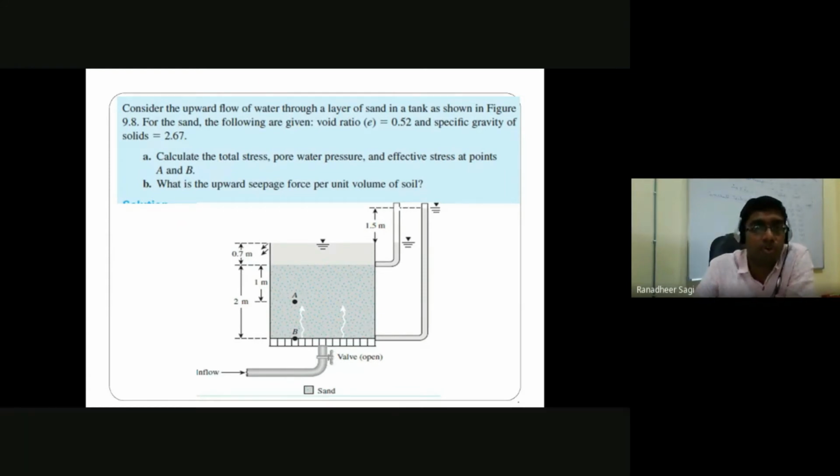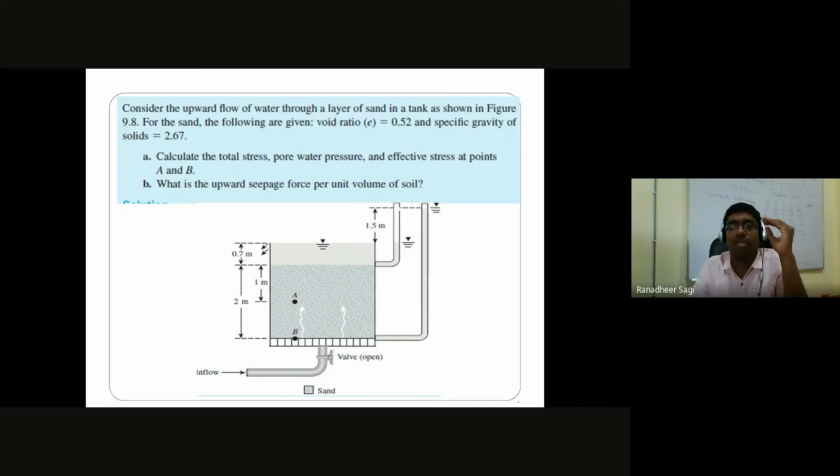So because of the flow in the upward direction, what we are asked to calculate is the total stress, pore water pressure, and effective stress at points A and B. Both at point A and point B, we are required to calculate the total stress, pore water pressure, and effective stress. That is question 1. And question 2 is, what is the upward seepage force per unit volume of soil?